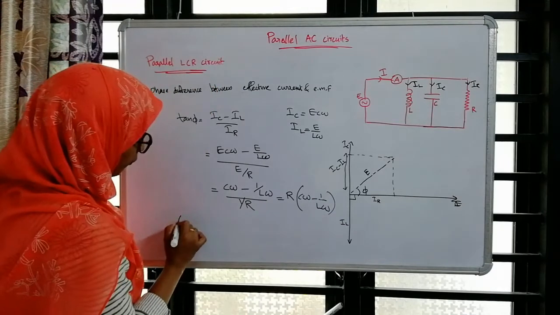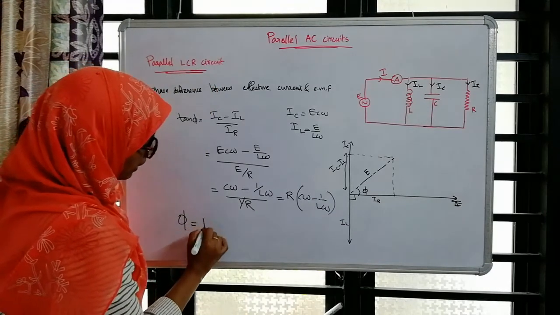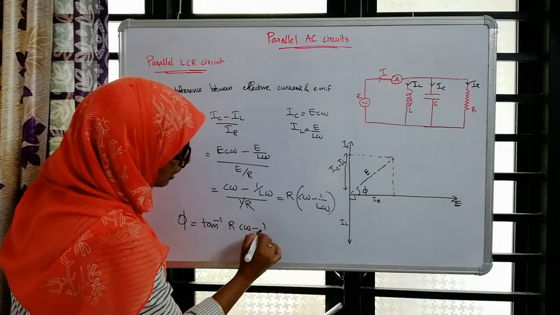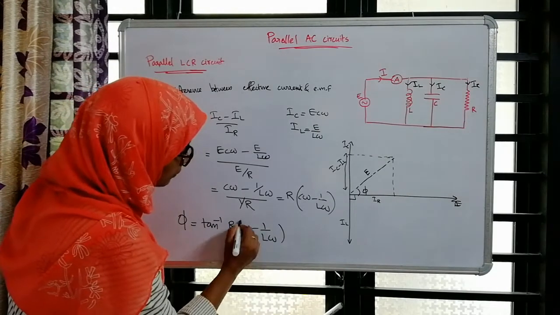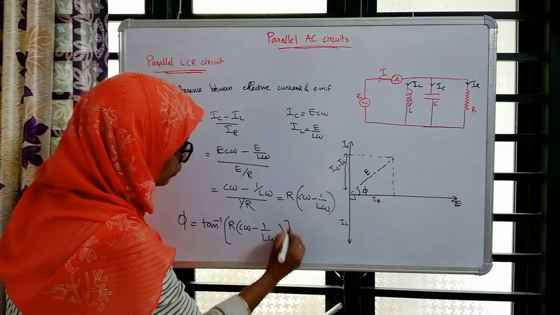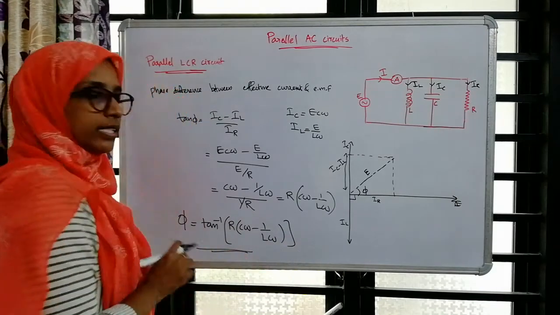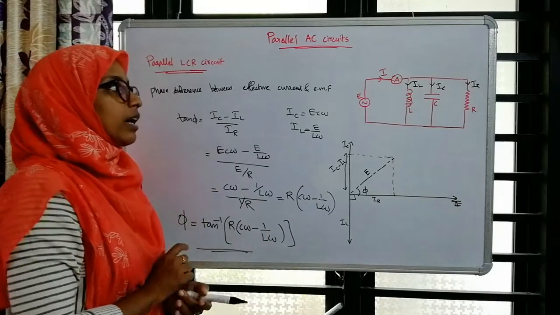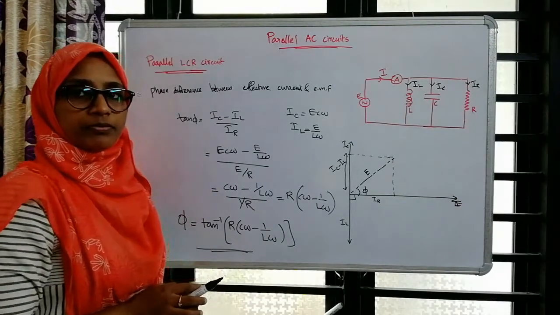That is, phi will be equal to tan inverse of R into C omega minus 1 by L omega. This is the phase difference between the effective current and the alternating EMF.